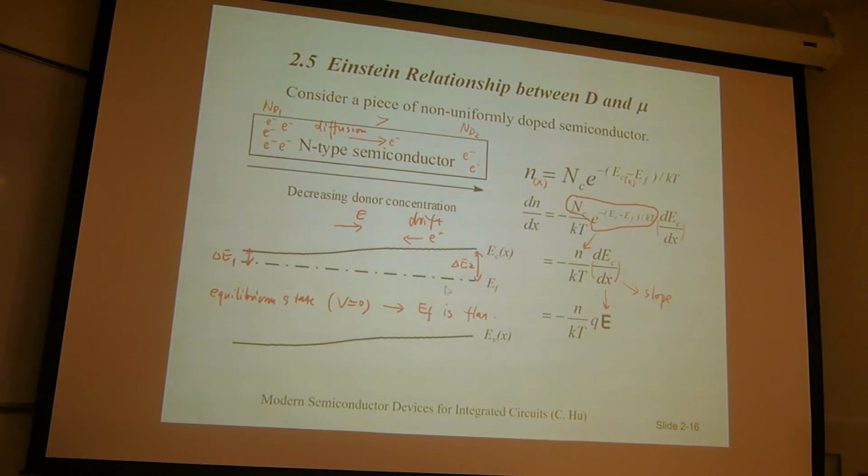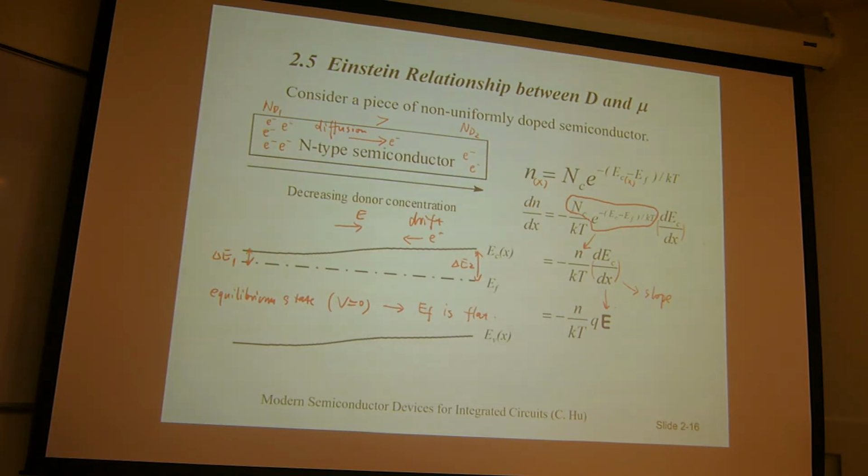The EF is flat. But due to the different doping, we have a different distance from the EF to the conduction band edge, EC. So here we have this slope, and we just said from the previous slide that the slope means the electric field.